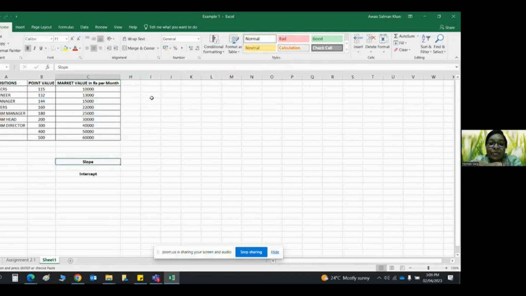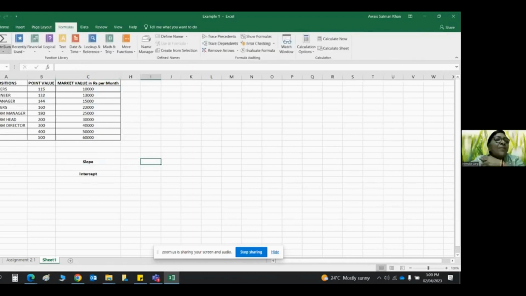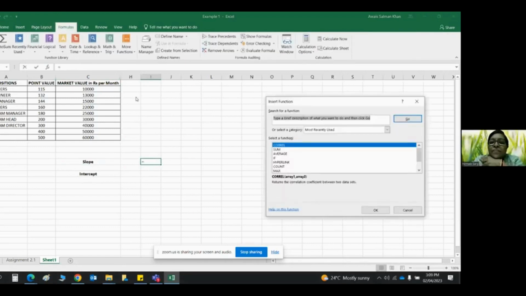Now we won't interrupt. You should now just do it, starting from the slope. So you will go to function. You can calculate, insert function. You can write slope there, it will come immediately.